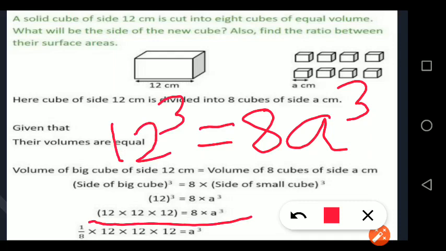Now we have to find out a. You can do it. You want to do it? Okay, do it. Find out the value of a.